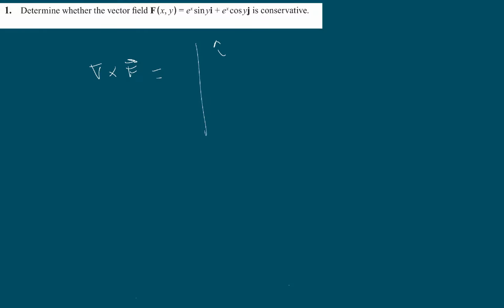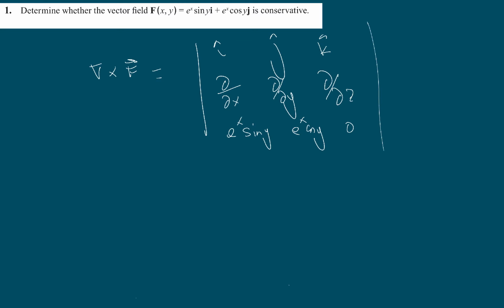So it will be i, j, and k, derivative with respect to x, derivative with respect to y, derivative with respect to z, and e to the x sine of y, e to the x cosine of y, and 0 because it has 0 k components.